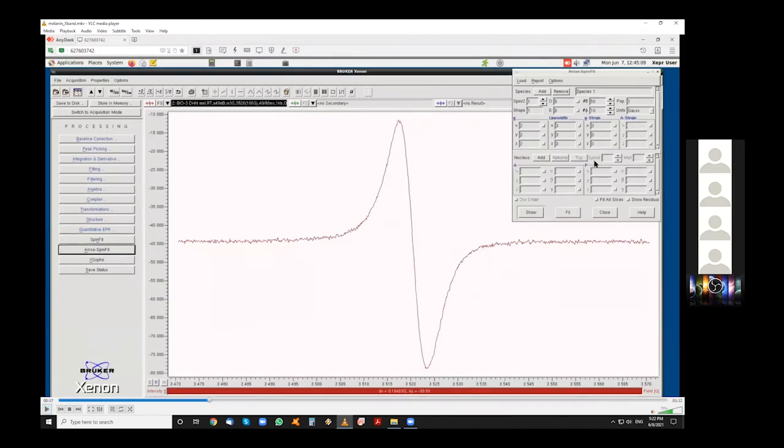And as you may see here in the window of the program, you can use one or more species and also the nuclei part. And you may change the number of spins, the shape of the line. One represents the Gaussian line and 0 the Lorentzian part.